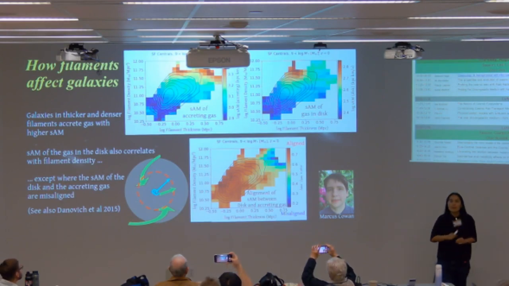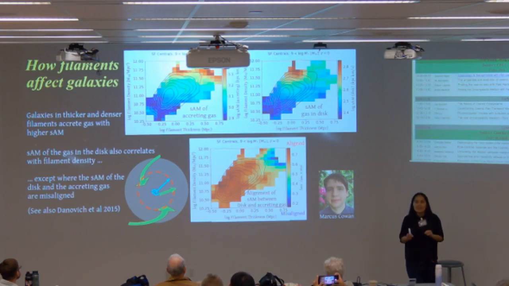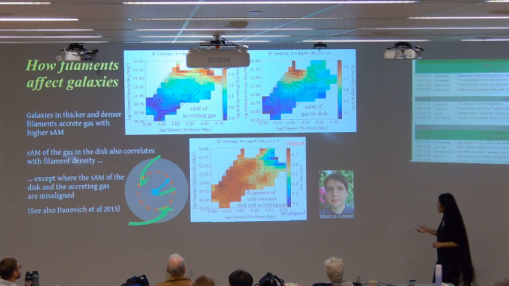Well, we remember Danovich et al., where if the orientation of your galaxy is misaligned with your accreting gas, you will tend to lose more angular momentum that way. So here is the same plot with the same axes, but now color-coded by the alignment between the specific angular momentum of the disk and the accreting gas.